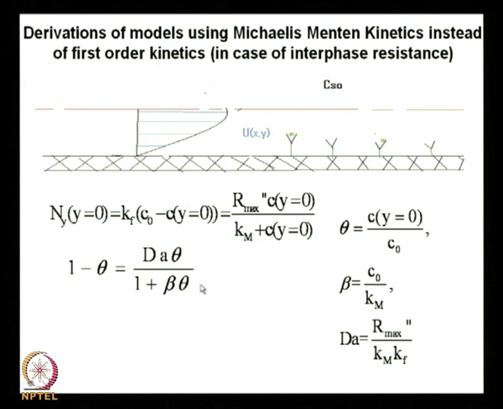Okay. So, now it is pretty straightforward. This is a quadratic equation, and I am going to solve it directly. So, why don't you put the equation in that form and quickly get the solution. This is the quadratic form that we have: (1 minus theta)(1 plus beta theta) equals Damkohler number times theta.